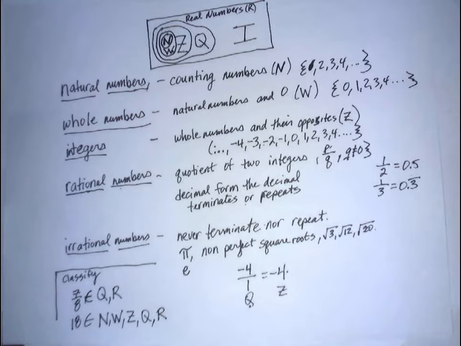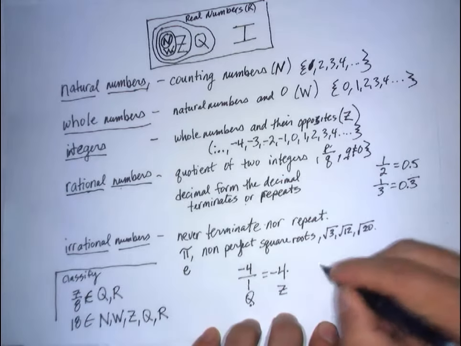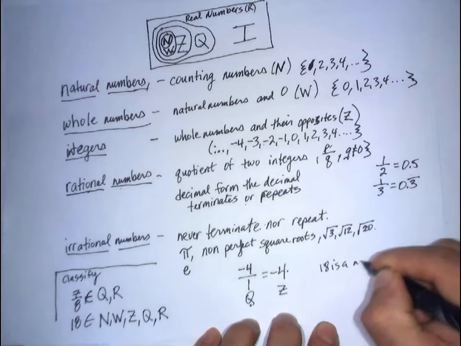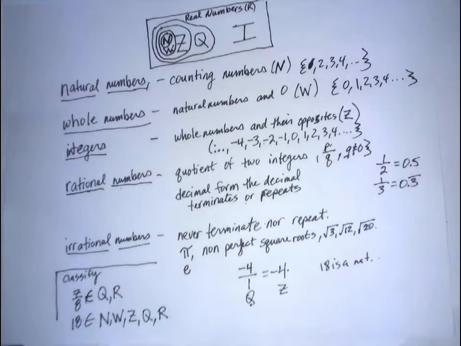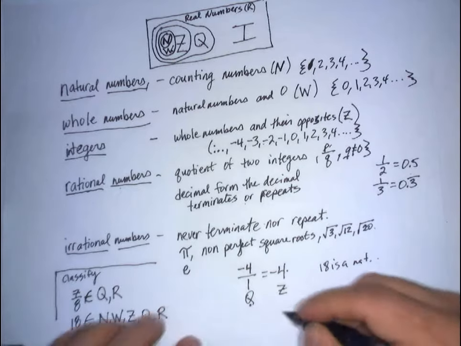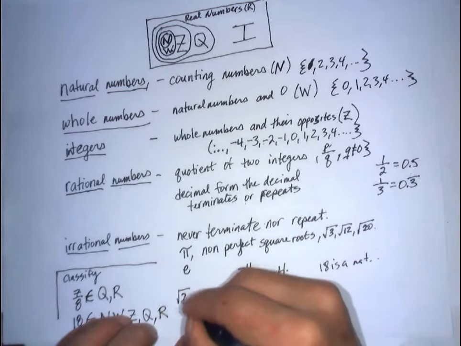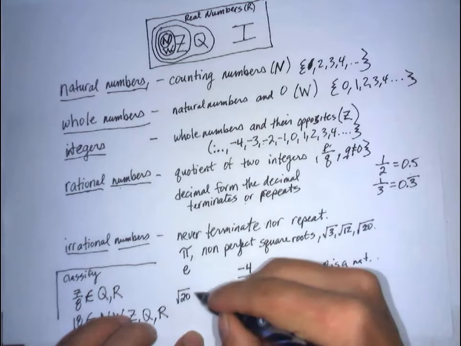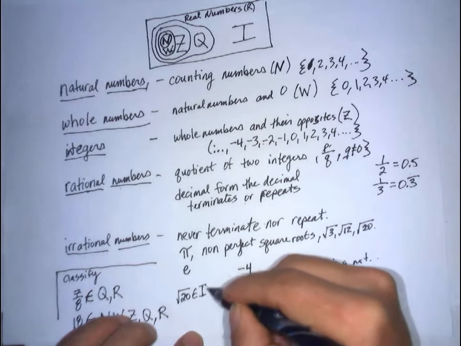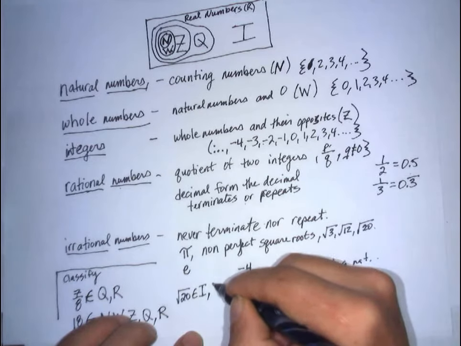So we can write this all out, or you could say 18 is a natural number and write it all out like that, or you can use this little symbol here. And what is the square root of 20 from our example? The square root of 20 is an irrational number and a real number.